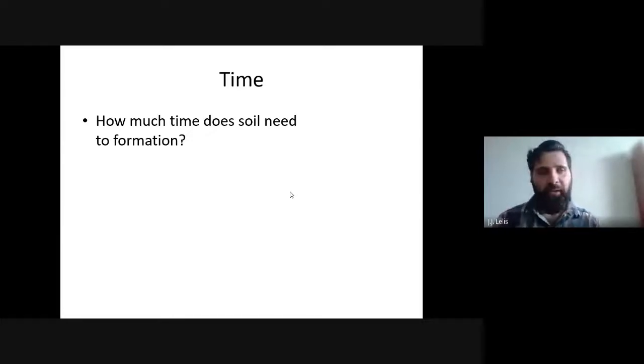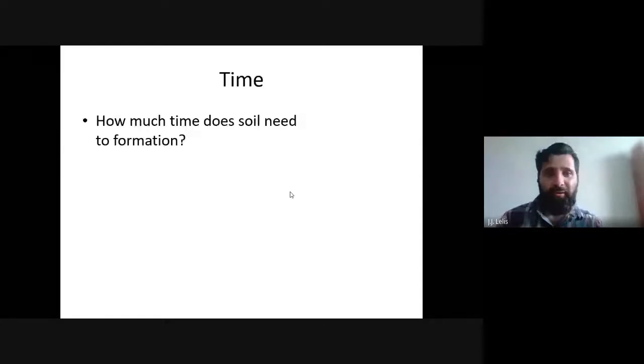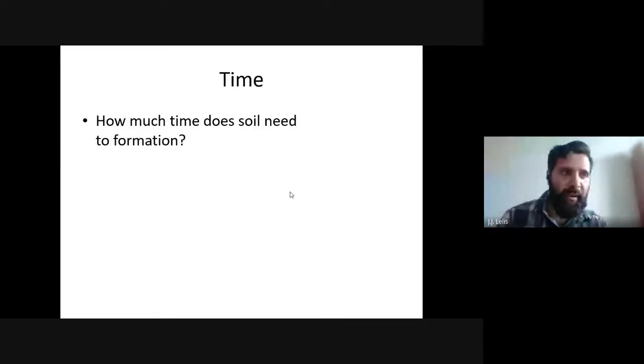So you can easily find several articles that at least mention time as a soil formation factor during the writing of the article.